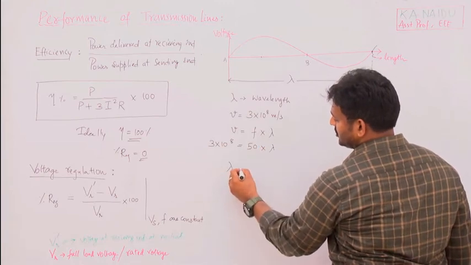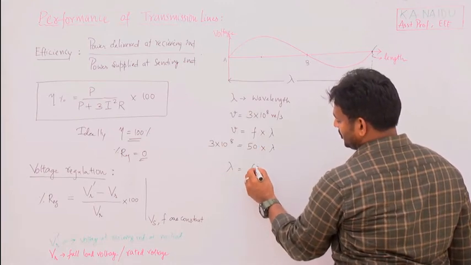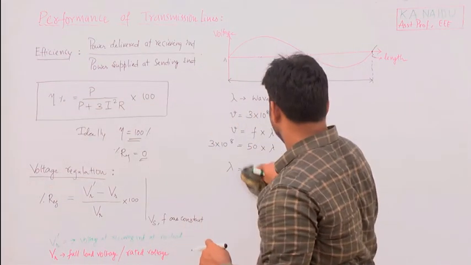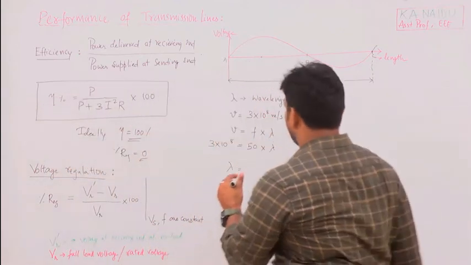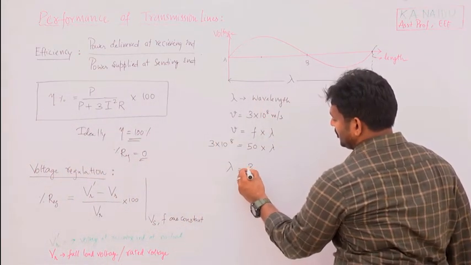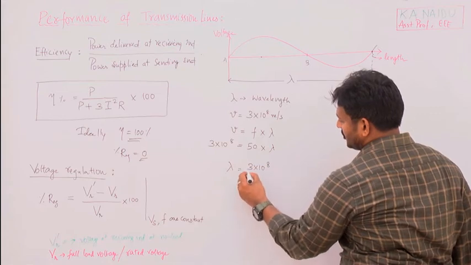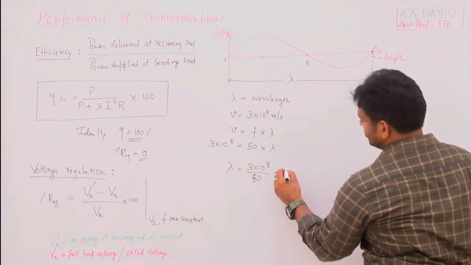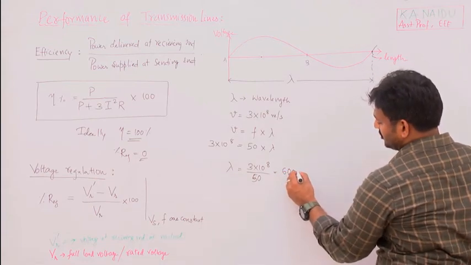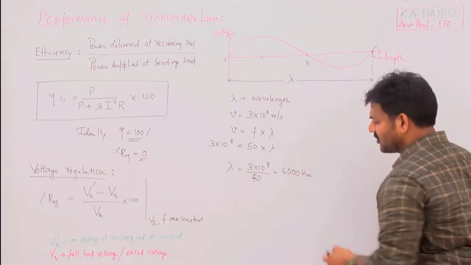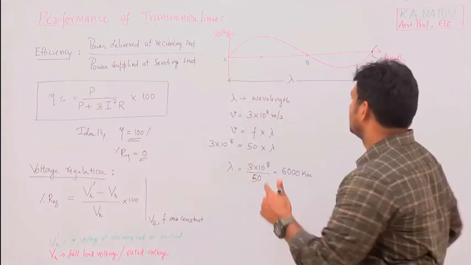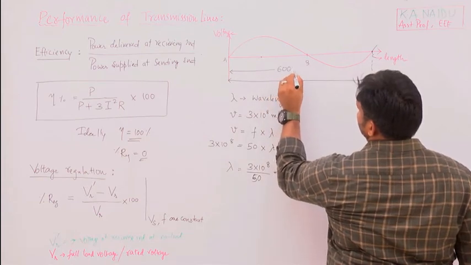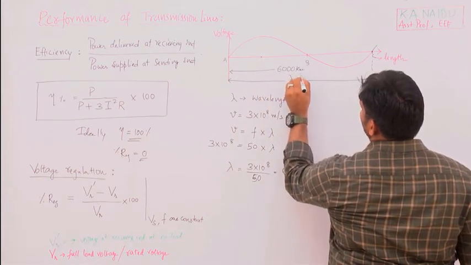So what you will get, lambda is equal to 3 into 10 power 8 by 50, that will be equal to 600 kilometers or 6 into 10 power 6 meters. That means this length is equal to 600 kilometers.